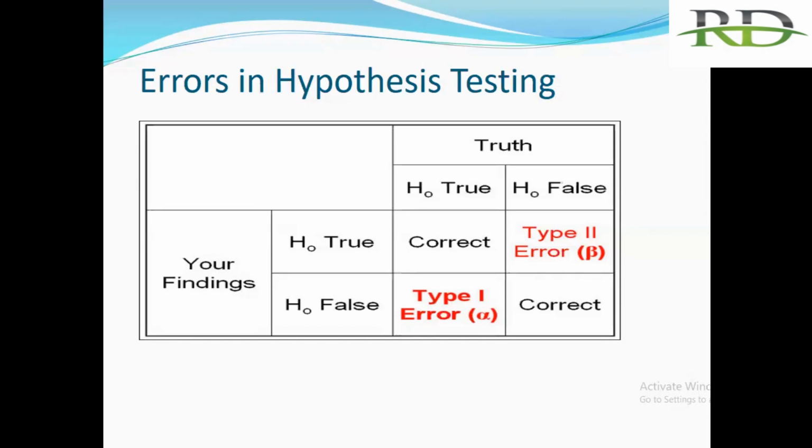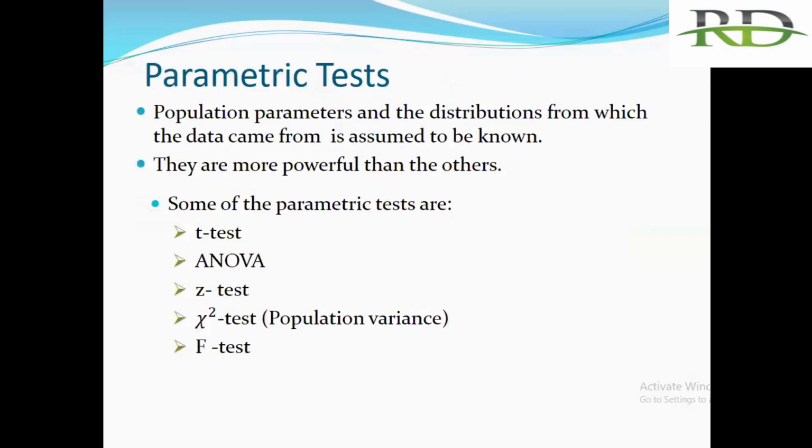That is, if you do it 100 times, 95 times you will get the same result, and 5 times you can get an error or a different type of result. I hope this concept is broadly clear to all of you. So these are some of the parametric tests which most of you must have heard: T-test, ANOVA, Z, F. F is for variance, always remember.